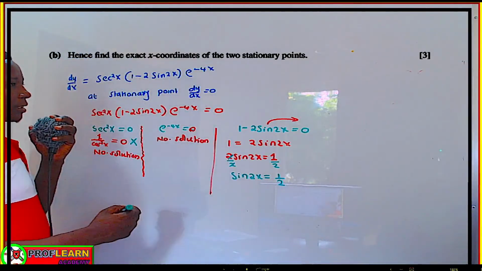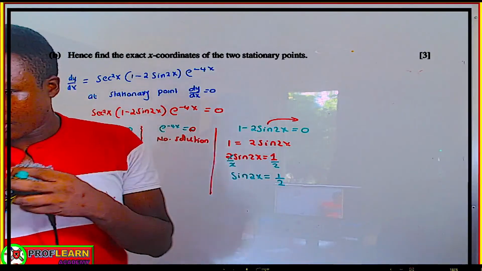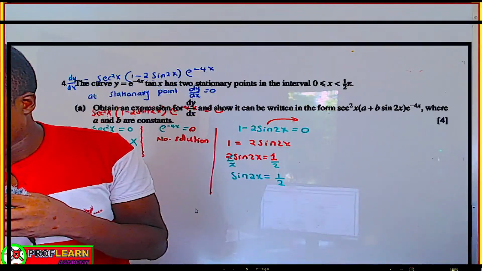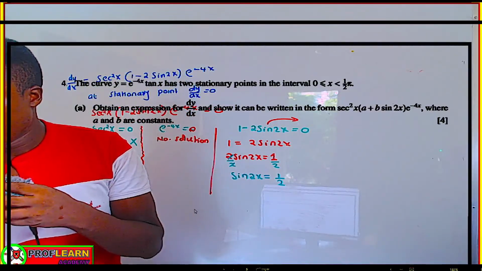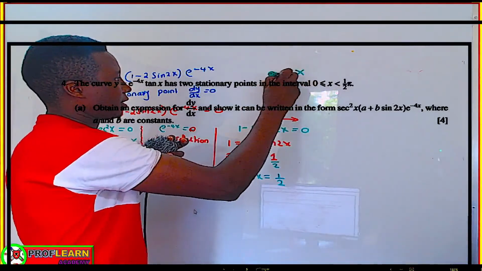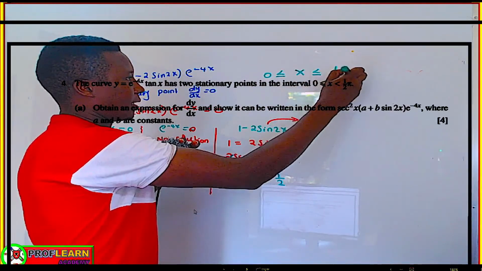Now, remember, the x value was given in a range from 0. Let's check the way the range was given. We were given x is greater than or equal to 0, less than or equal to a half pi.